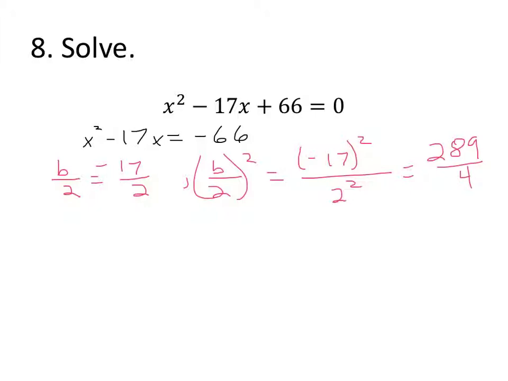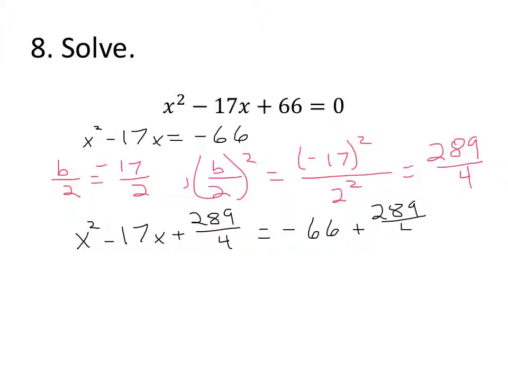Okay, so what we're going to do is add 289 over 4 to both sides, and on the left that gives us just x squared minus 17x plus 289 over 4, and on the right it gives us negative 66 plus 289 over 4.